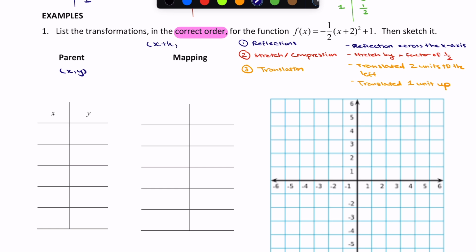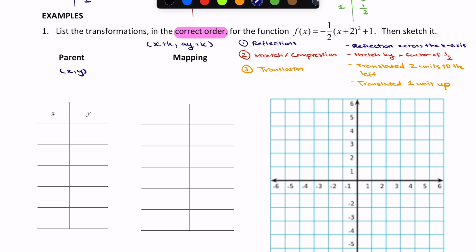The x values are only affected by whatever the h values are, but the y values are affected by the a value and the k value. So we can write it as x plus h, ay plus k. Those are the transformations that affect the x values and the y values.